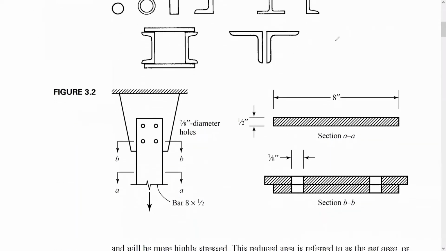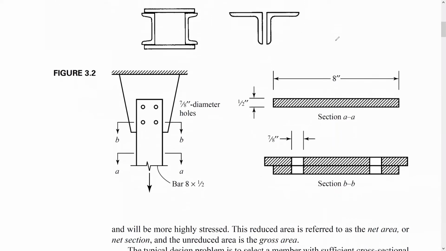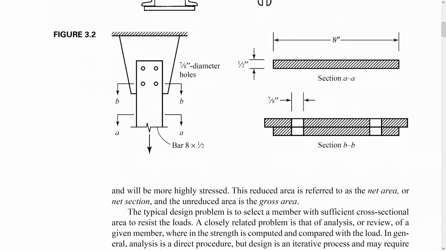In this example, if you look at this figure here, this is a gusset plate.